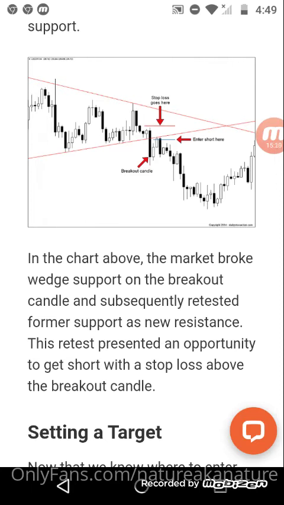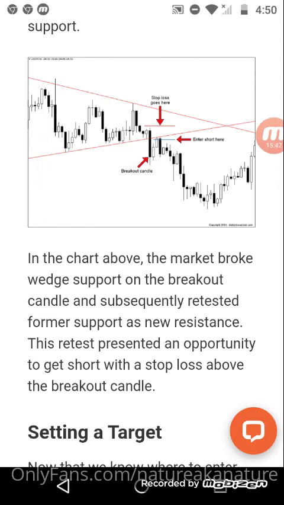After it breaks out of that support, it's going to retest that support, and that's now a new resistance. Every time it breaks out of support, it's a new resistance. Every time it breaks out of resistance, it's a new support. So it breaks out of the support level, then it retests that support level.